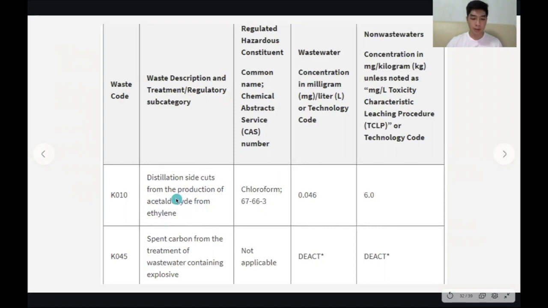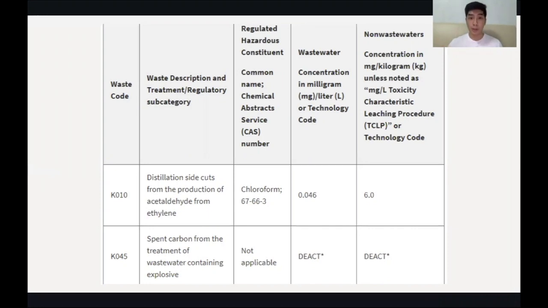For listed hazardous waste, the column describes the listed waste. For characteristic waste, the description specifies either ignitability, corrosivity, reactivity, or the toxicity characteristics.